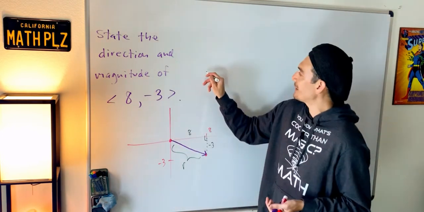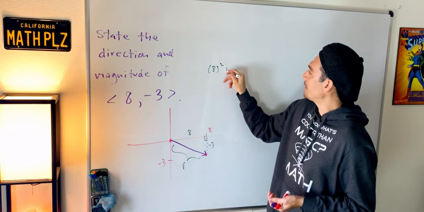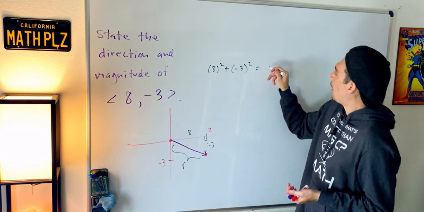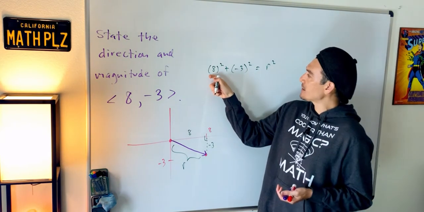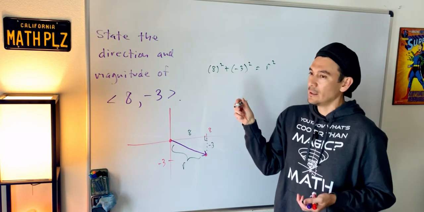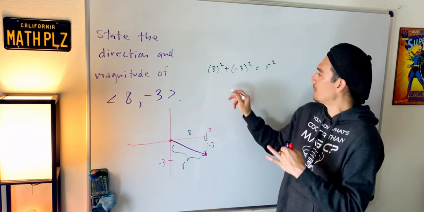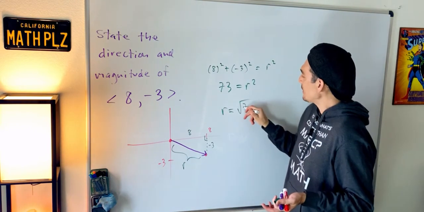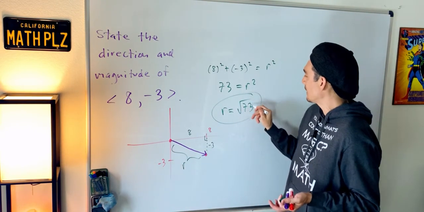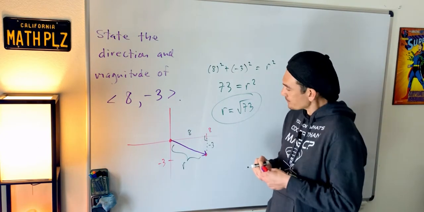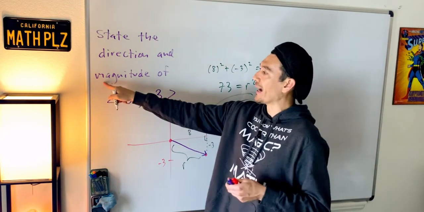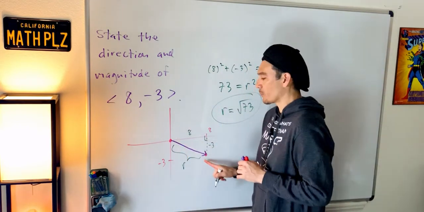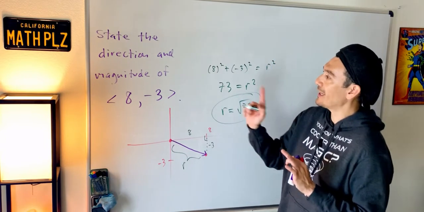So we can go 8 squared plus negative 3 squared equals r squared. And 64 plus 9 is 73. Then we can square root. And guys, just totally leave it like this: the square root of 73. That's what you call the magnitude. Basically, the length or the distance between where you began and where you got off. Okay? That's the magnitude.